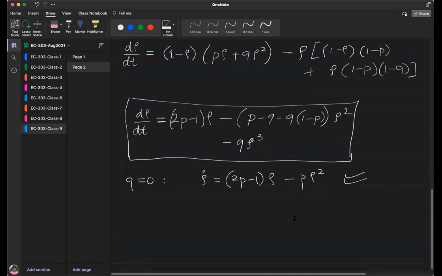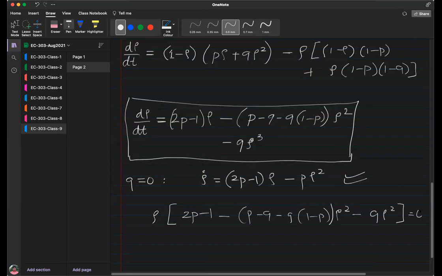Now, of course, you can solve for the equilibrium. How do you solve for the equilibrium? You just set the entire equation to 0. You can take rho as a common factor, and once you do that, you have rho times 2p minus 1 minus p minus q into 1 minus p rho square minus q rho square equal to 0.